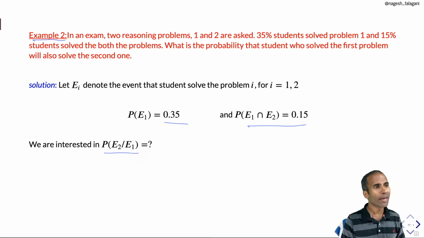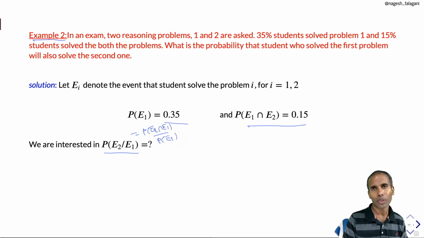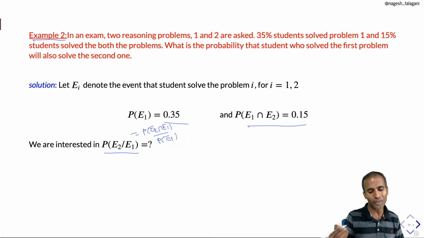Here we are interested in the probability of E2 given E1. According to the conditional probability definition, the probability of E2 given E1 is the probability of E2 intersection E1 by the probability of E1. But E1 intersection E2 is the same as E2 intersection E1 because of the commutative property of intersection.